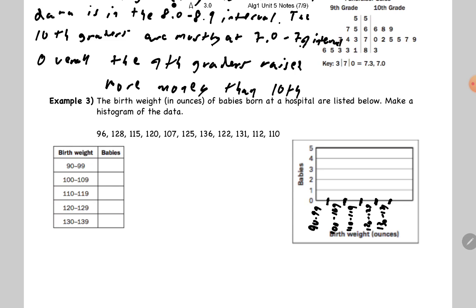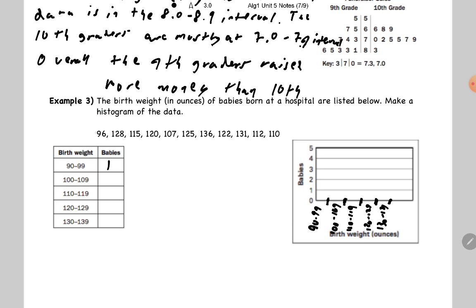And luckily, all we have to do is count how many of our data fit in those intervals. So for example, we have 96 here. So between 90 and 99, we have 96. So just one. You just create a tally.